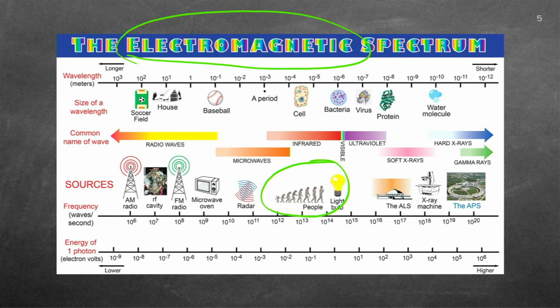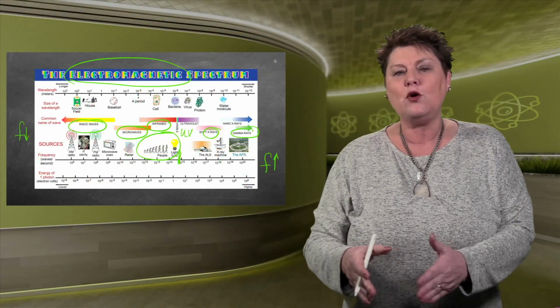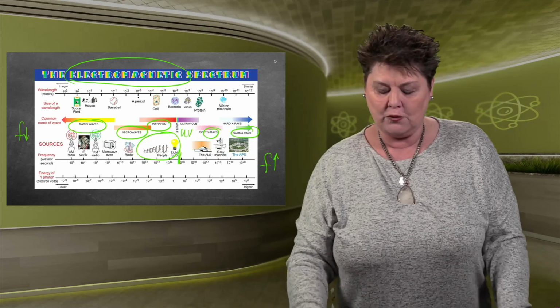On this side, just after the violet, we've got ultraviolet, X-rays, and gamma rays. Those are the higher frequency part of the electromagnetic spectrum. On the other side, next to red, we've got infrared, microwaves and radio waves. So they've got a lower frequency. That's quite important for us because we are going to work with different frequencies.